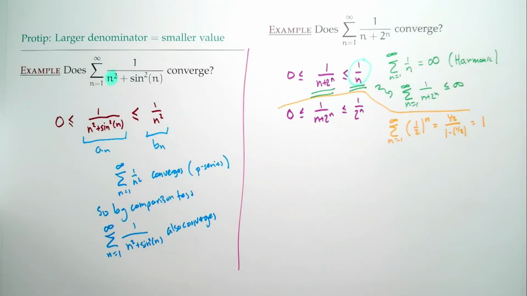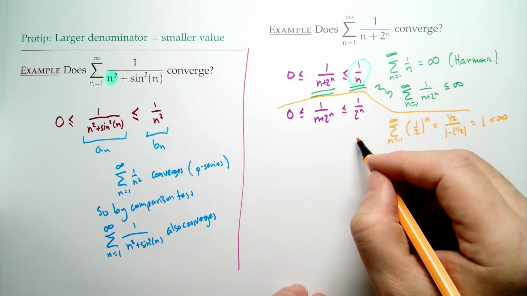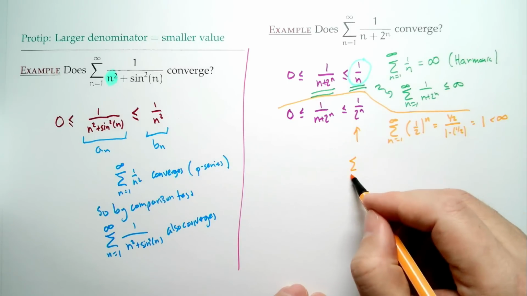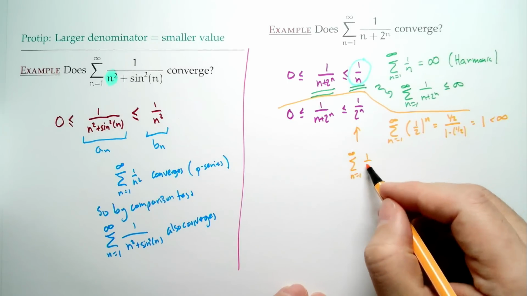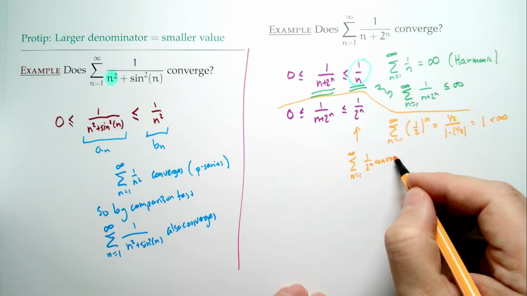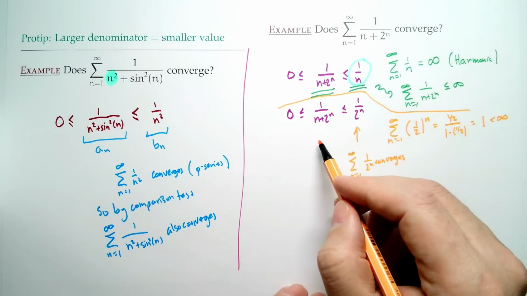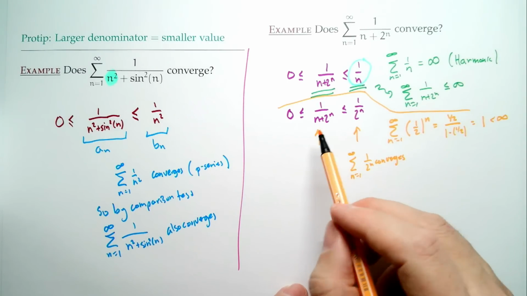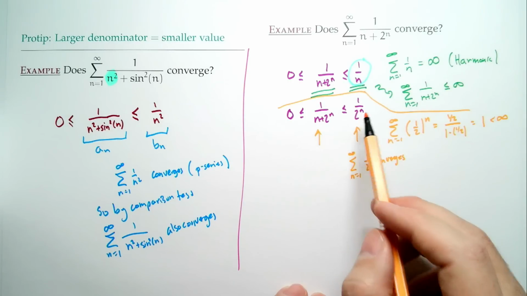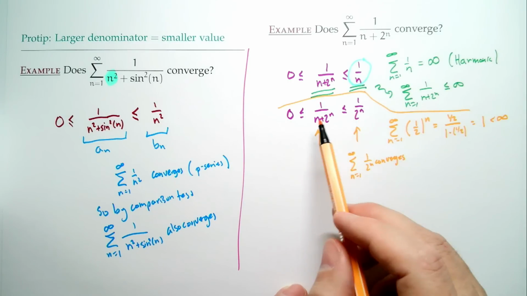Now, we don't actually care what the value is. The value is not important. But what's important is it converges to something. All right, so the sum from n equals 1 to infinity of 1 over 2 to the n converges. We just showed that. And now we can say, well, look, these terms, term by term, this is smaller.